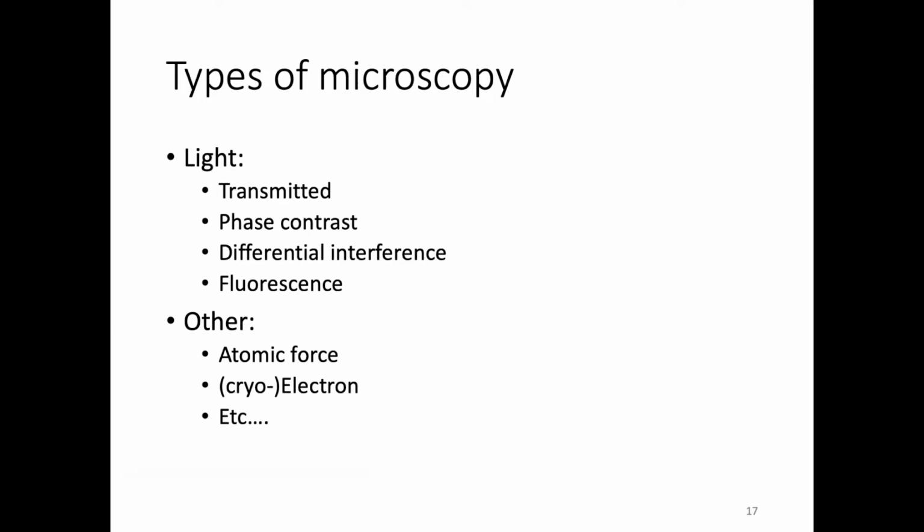But usually there's still a change in the phase of the light, which you can detect using phase contrast. Or with differential interference contrast, you split your light into two beams, send them through the sample, and then by interference effects, you can get some contrast.